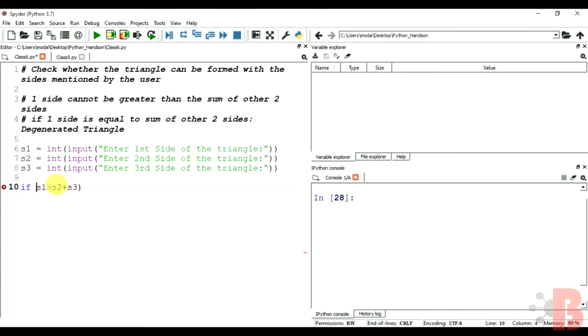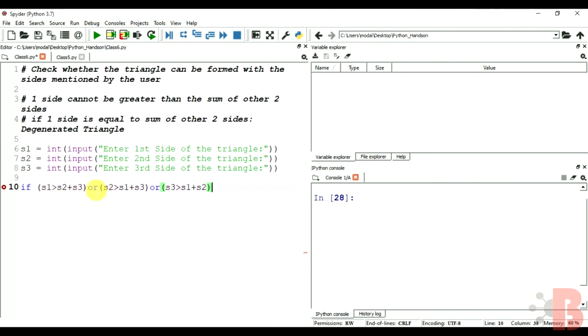So to check all the three combinations, if S1 is greater than S2 plus S3, or S2 is greater than S1 plus S3, or S3 is greater than S1 plus S2.